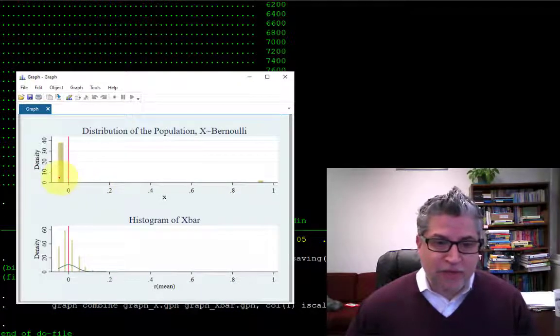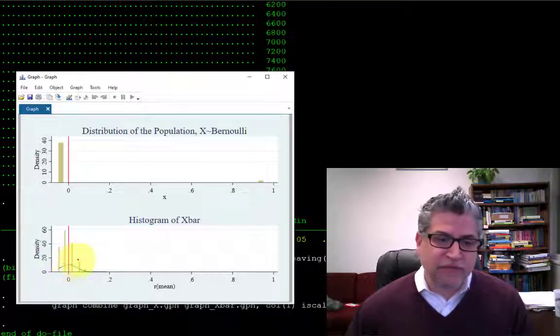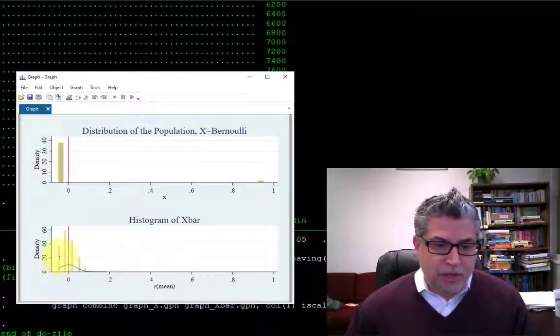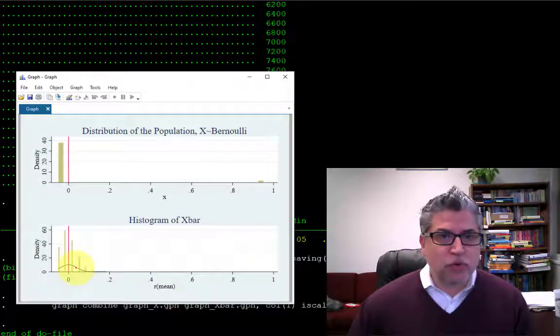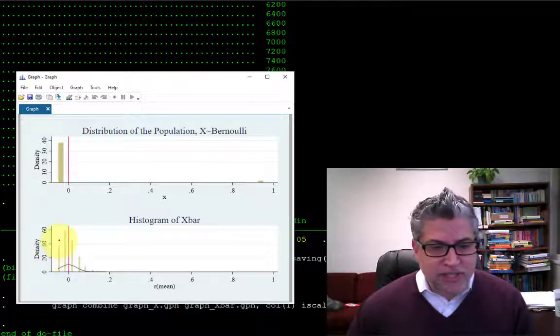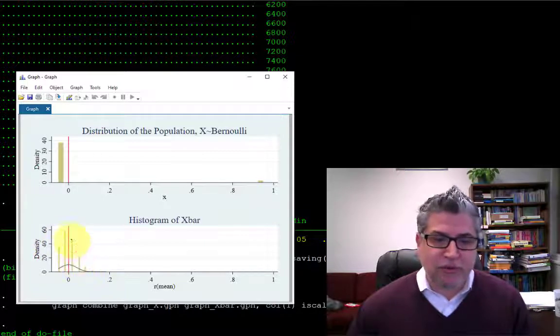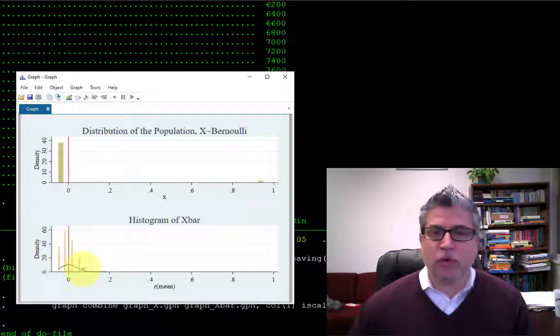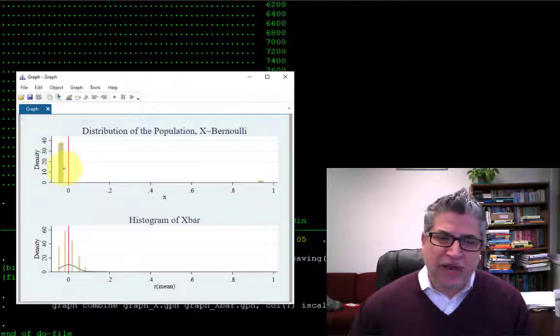So we run 10,000 simulations of this. Now we went from having a binary distribution to something that's still discrete, but we're starting to fill in some blanks here. The green line is what a normal distribution looks like, and we can see that we're not quite there yet. We're starting to see a little bit of that classic bell-shaped curve. The probabilities aren't quite normal yet. So here we've got a distribution that's so bizarre.